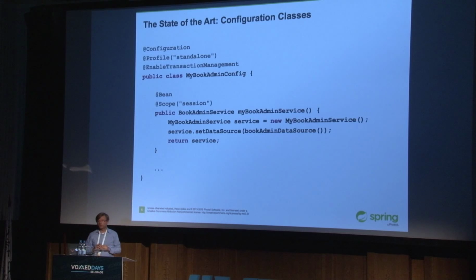@Enable annotations, to quickly mention those as well, are also pretty common in the Spring Boot world. They are kind of a shortcut to opt into certain framework functionality through a nice little declarative element. @EnableTransactionManagement switches on the processing of transactional methods and expects a transaction manager to be declared.